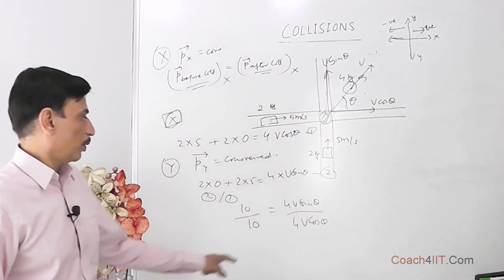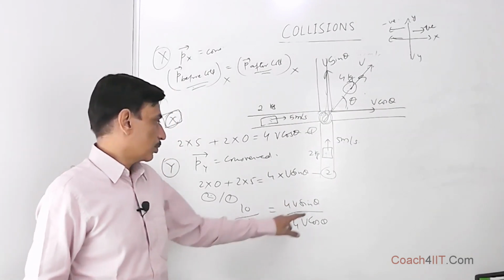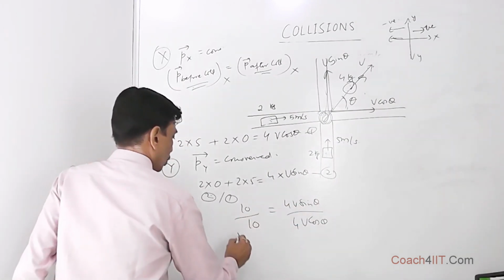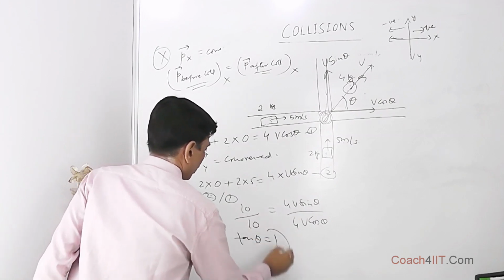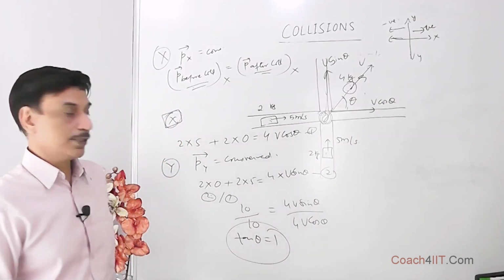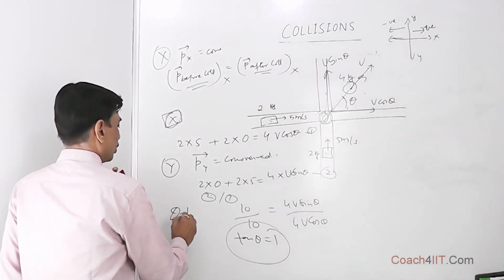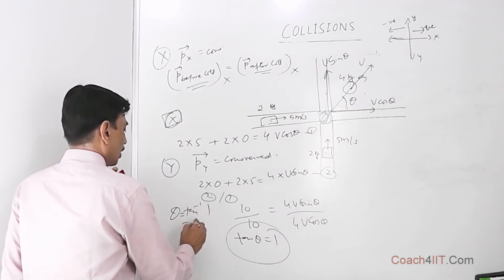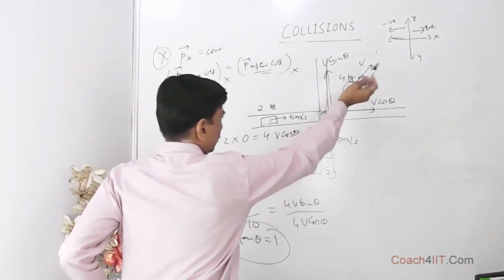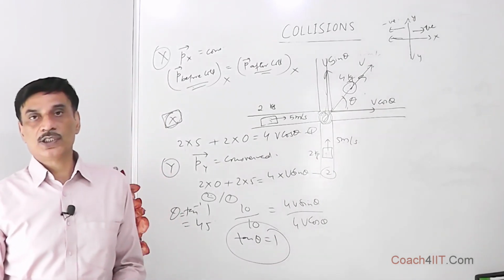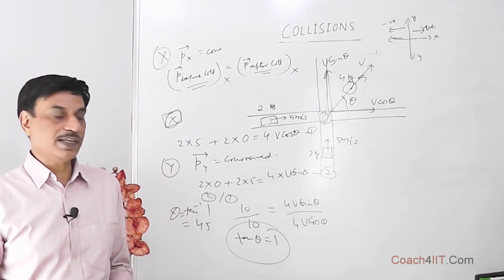So 4v gets cancelled, and sin theta by cos theta is tan theta. So tan theta comes out to be equal to 1, so theta is equal to tan inverse 1, or theta is equal to 45 degree. Obviously through common sense also we knew that the answer should be 45 degree only.